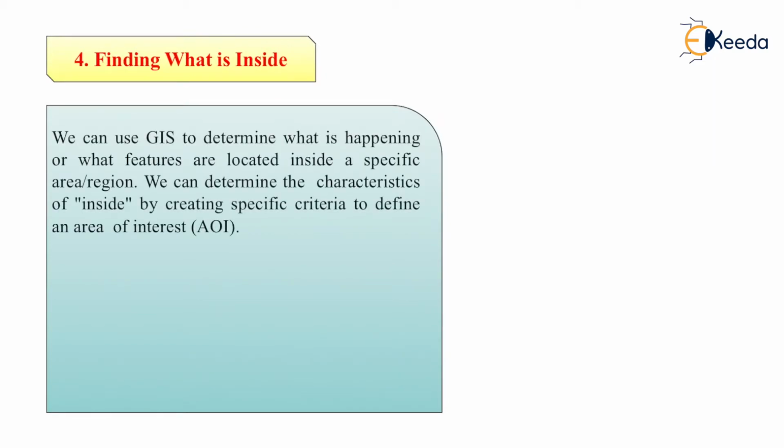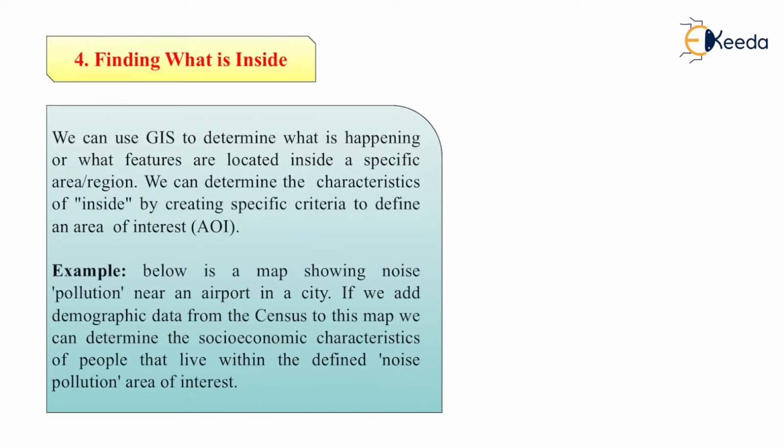Then we can find what is inside. We can use GIS to determine what is happening or what features are located inside a spatial area or region. We can determine the characteristics of the inside by creating spatial criteria to define an area of interest. In this example, we show the noise pollution near an airport in a city.